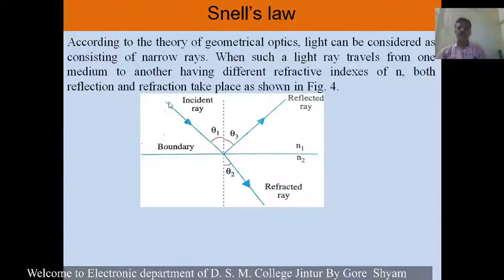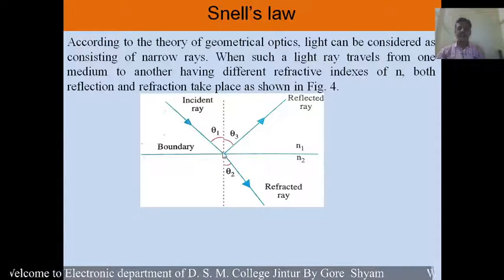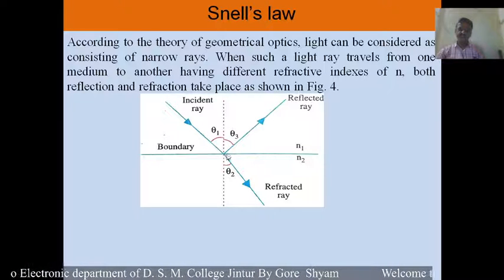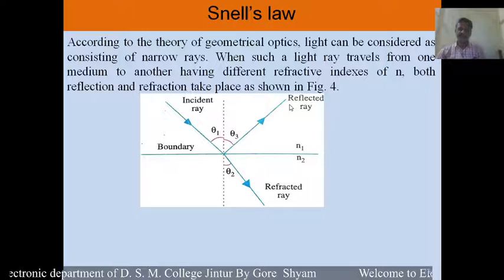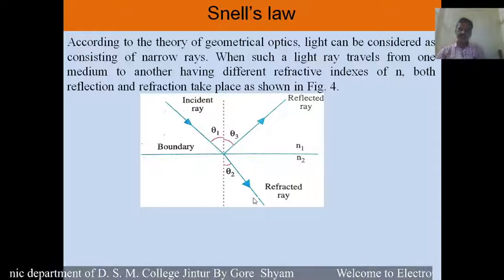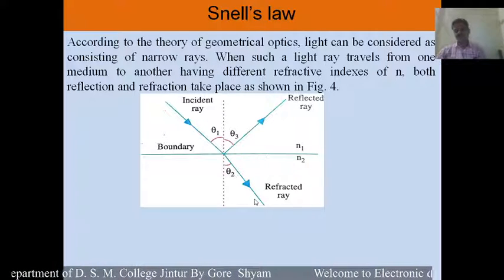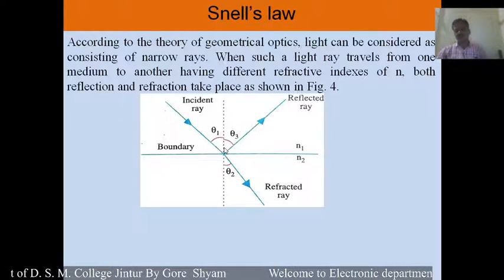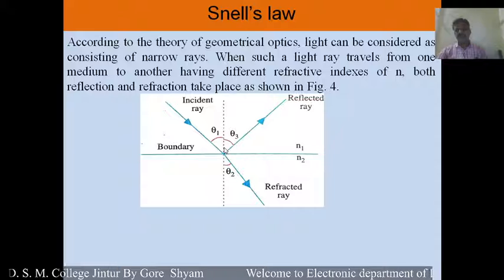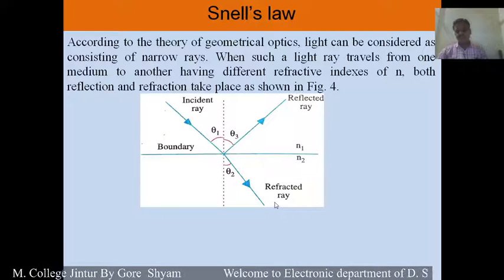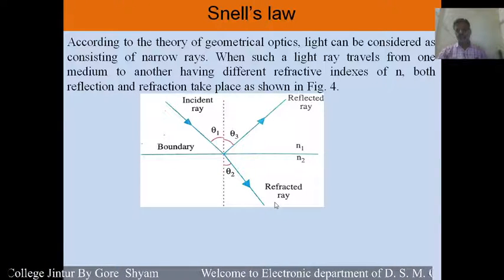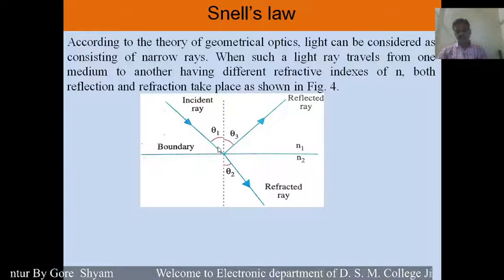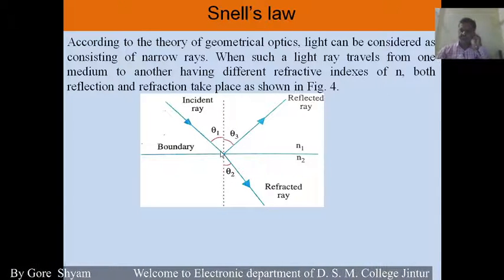When the light comes to the interface, some part of the light is reflected and some part of the light is refracted. These are the two types of rays. One is the reflected ray and another is the refracted ray. And here this is the incident light. The coming light is known as the incident light.